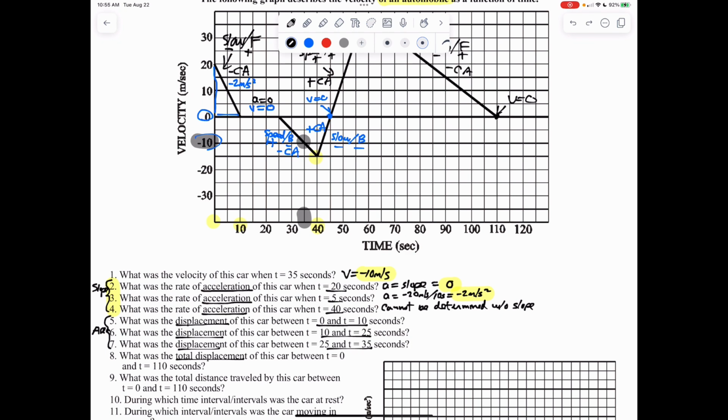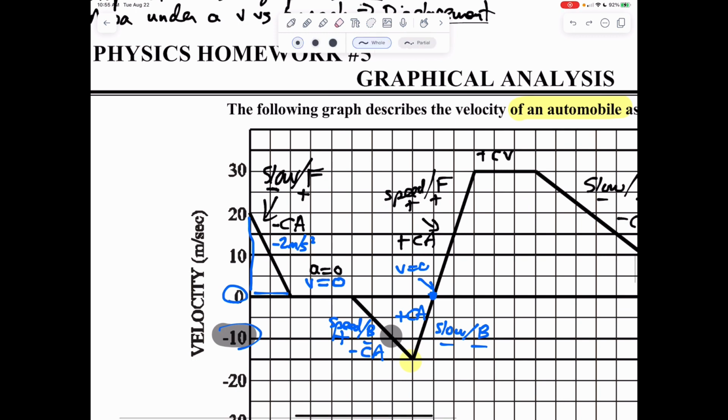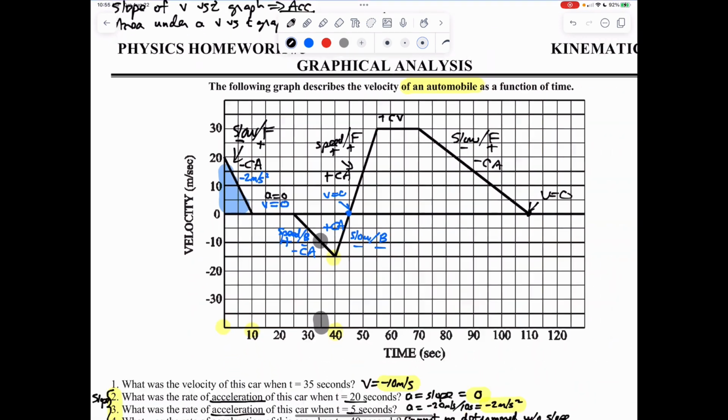Okay, what is the displacement between 0 and 10 seconds? So now I'm going to try and find the area under it. I'll go ahead and highlight certain regions. So this is the area that I'm looking to find right there. It's a triangle.